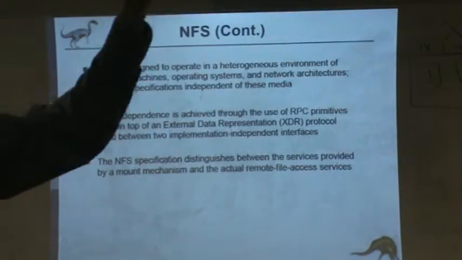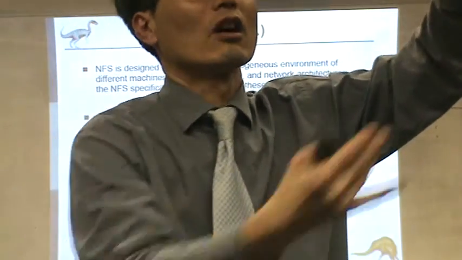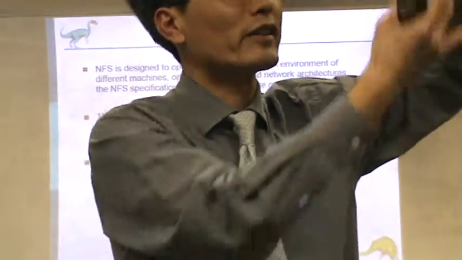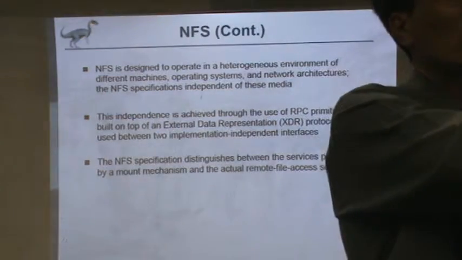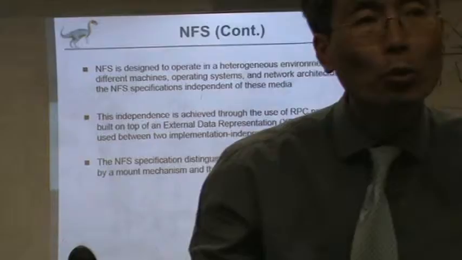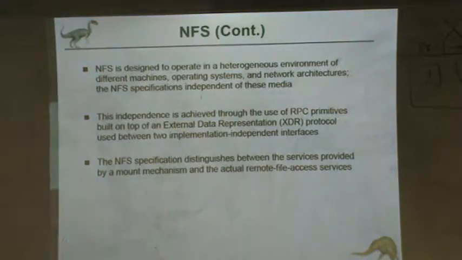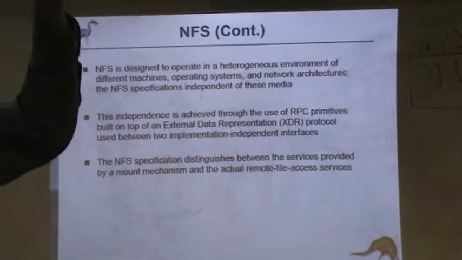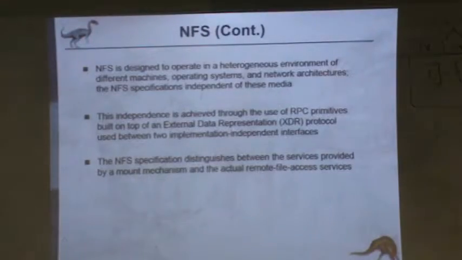Each side has a stub that receives and executes the command, so remotely you can copy the data. You don't have to worry about the network configuration. We can use such an RPC protocol for NFS.